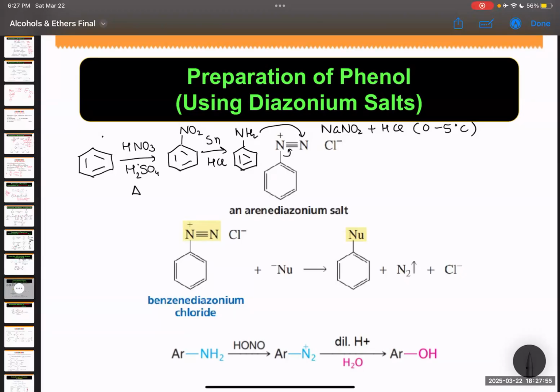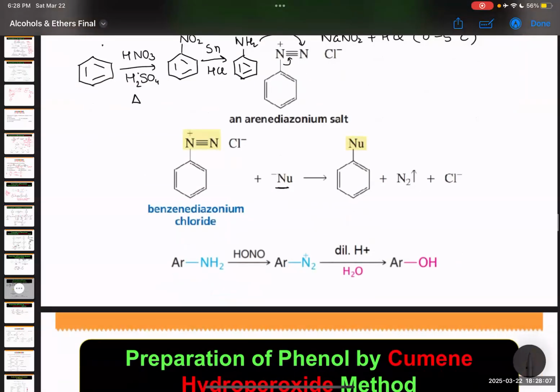And you can put the nucleophile or the group of your requirement in the place of N2 plus. Because we are dealing with the preparation of phenol, you need to react the aromatic diazonium salt with dilute H2SO4. In dilute H2SO4, who is the attacking substance? The water. Or you can just put water also, that will also work.